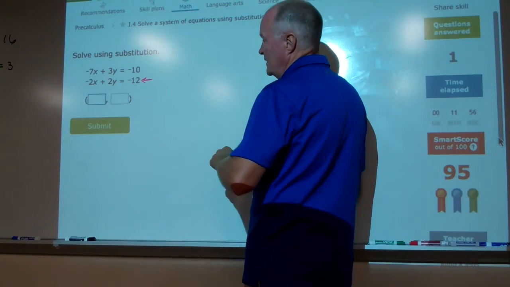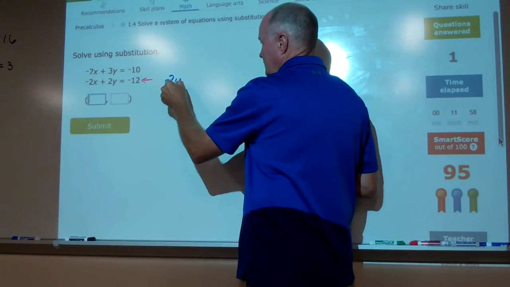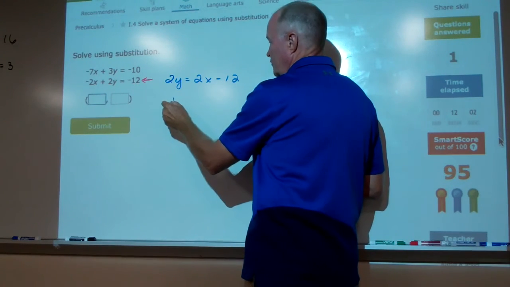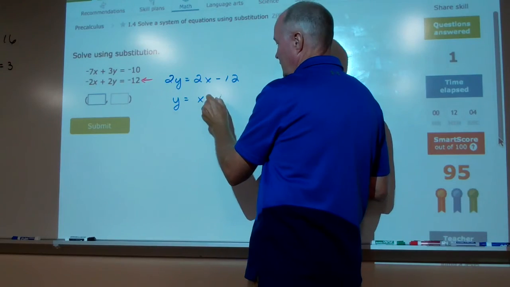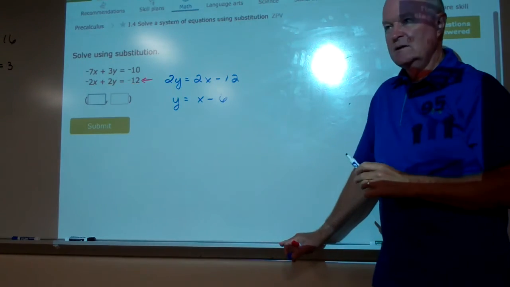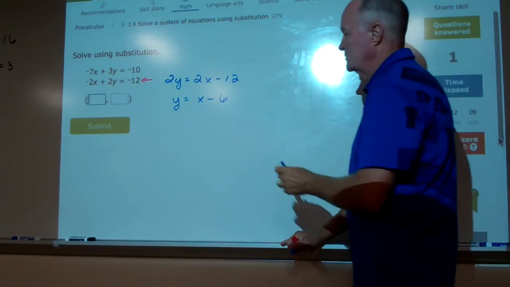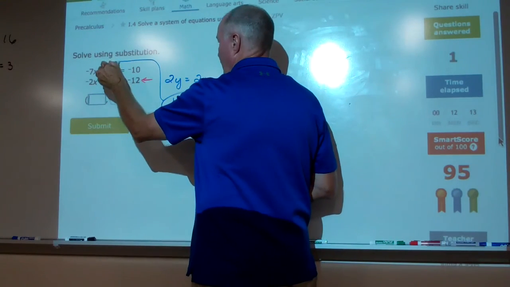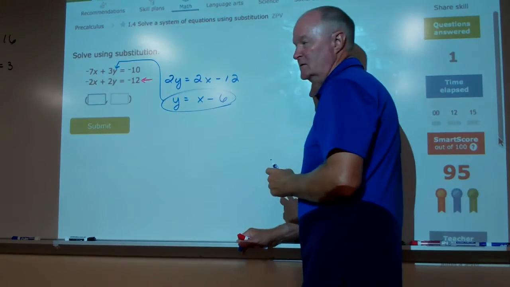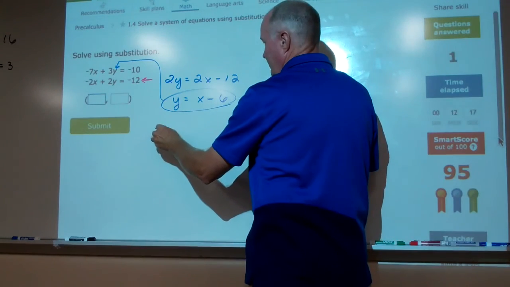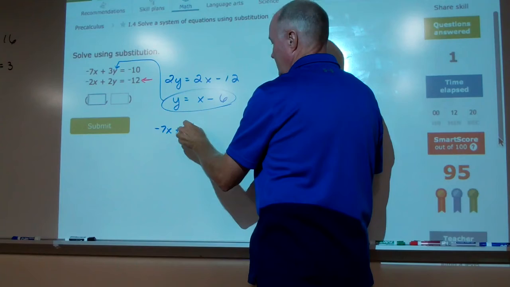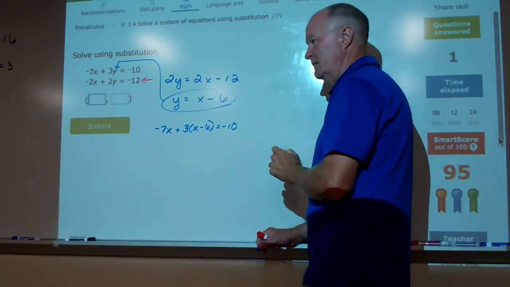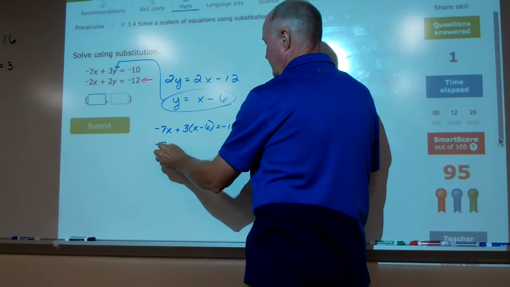So for this, I'm going to move the 2x over, and then I'm going to divide by 2. It worked out nicely for me. But now I've got that y equals, and so this is now going to go right there. I'm going to have negative 7x plus 3 times x minus 6 equals negative 10. And I'll just finish it out from there.